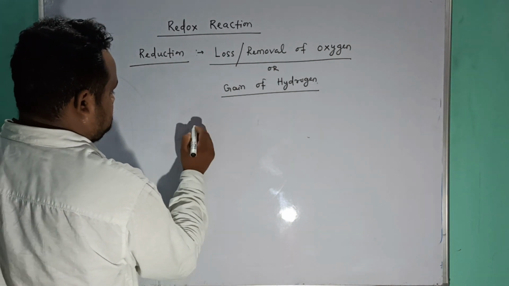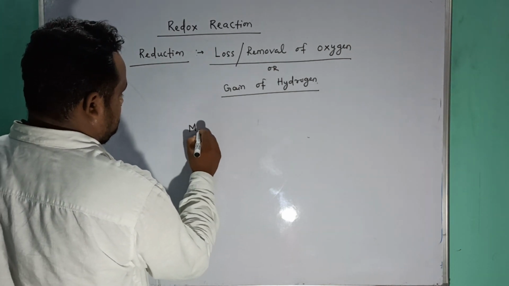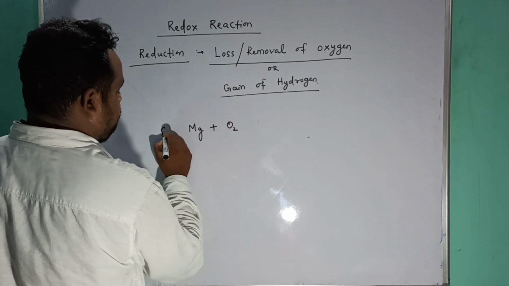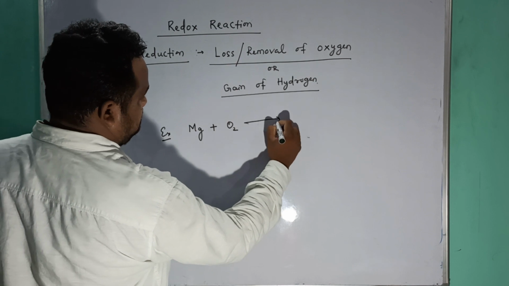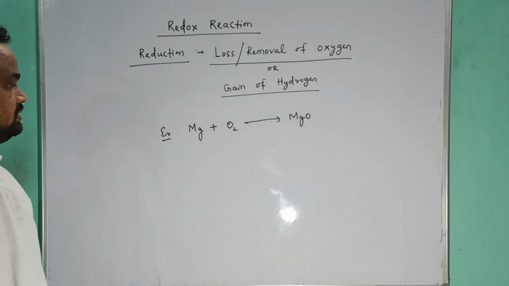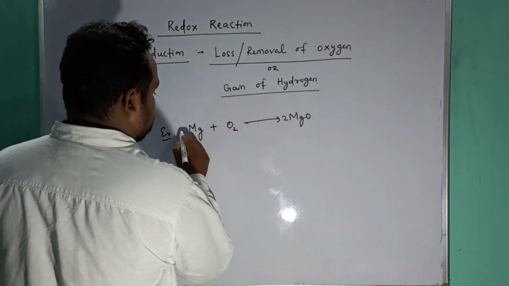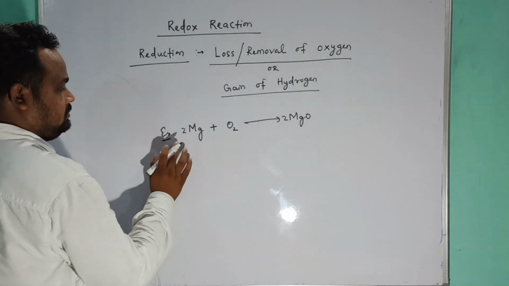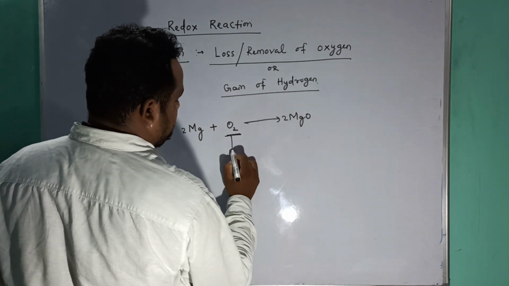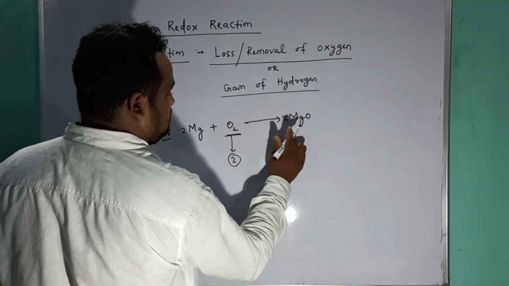Now coming to this term, take the example again: magnesium plus oxygen give rise to magnesium oxide. Balance it. Before balancing, let's check how many oxygen are there. 2 oxygen.